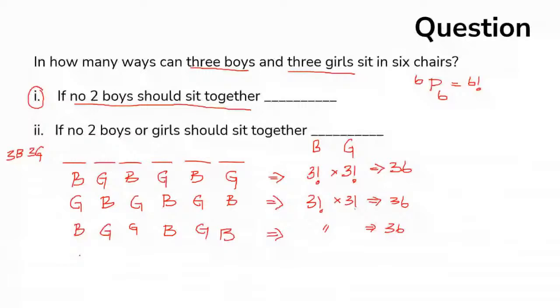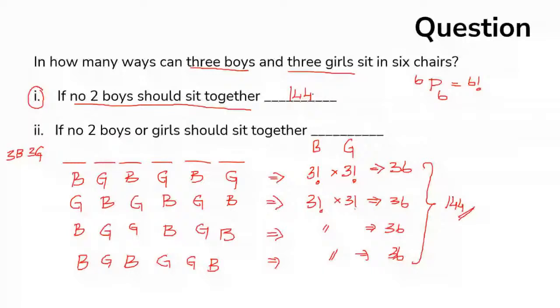So, is there any other way such that no two boys sit together? No ways, or 140. So, how can I arrange this?